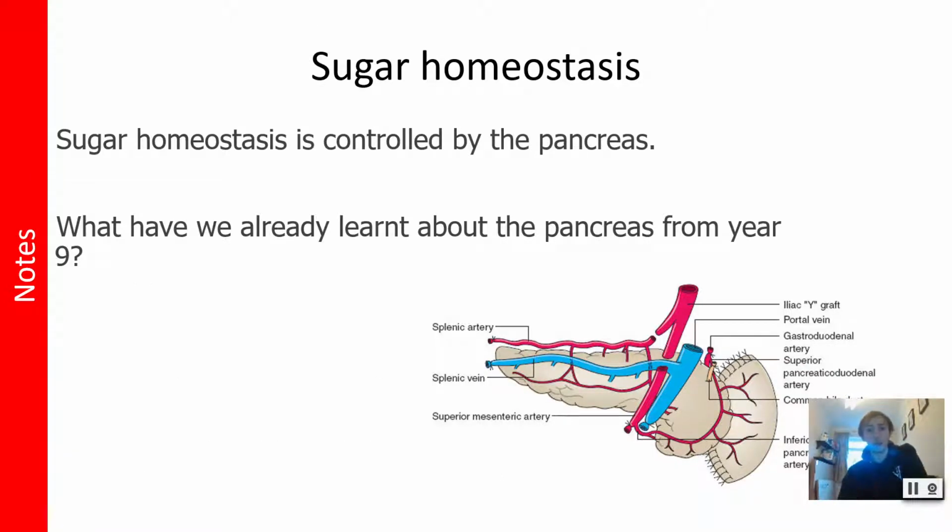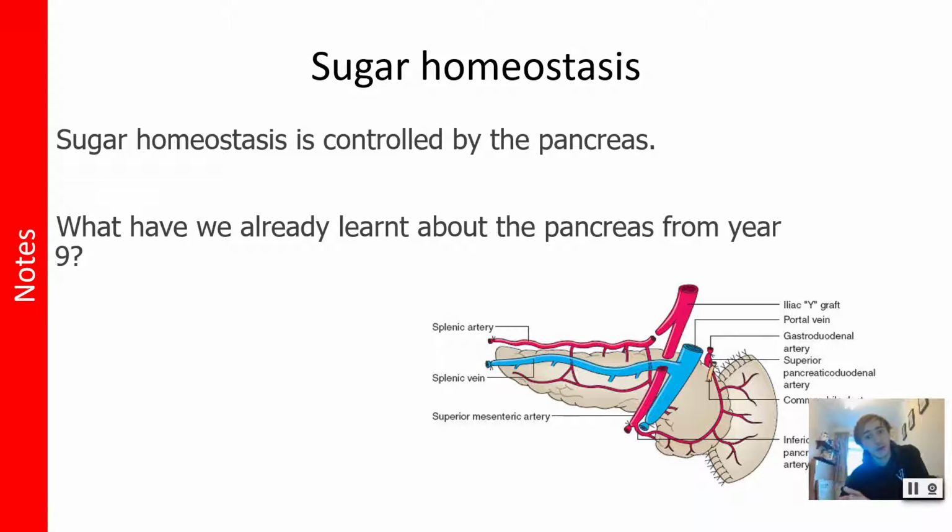Now, we have to control the amount of sugar in your blood, amount of glucose in your blood. And it's controlled by the pancreas. And we already learned a bit about the pancreas, or more accurately, we should have done. We definitely did in Year 8, and I don't think we got there in Year 9.